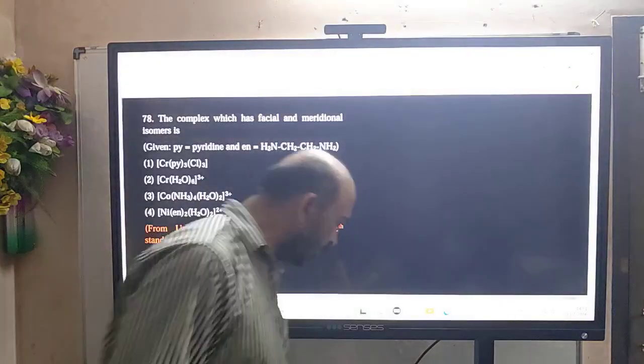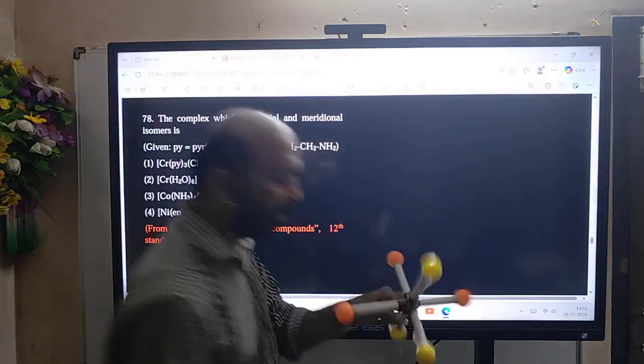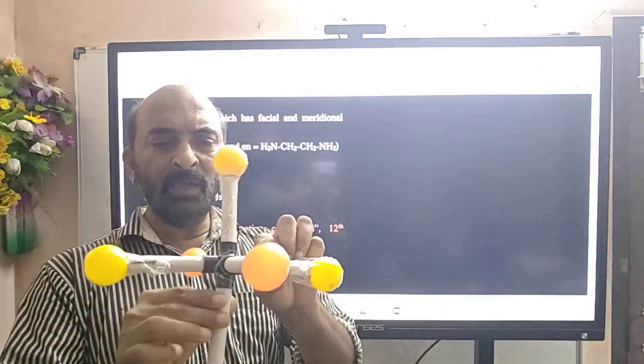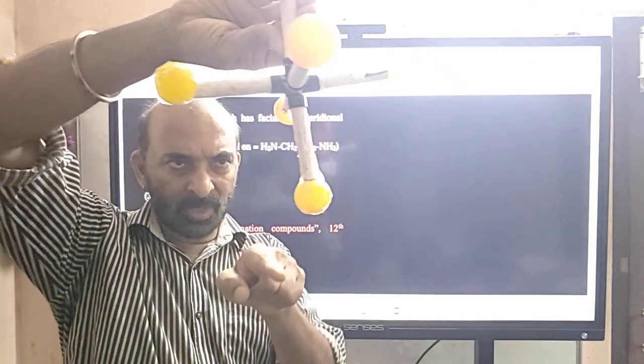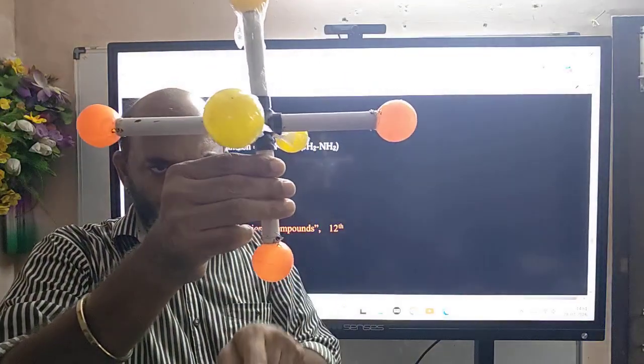What is meridional? Here the difference is that the yellow set forms one T, letter T. Agreed? They are not mutually perpendicular. Then what is orange? It is another T in the perpendicular plane.